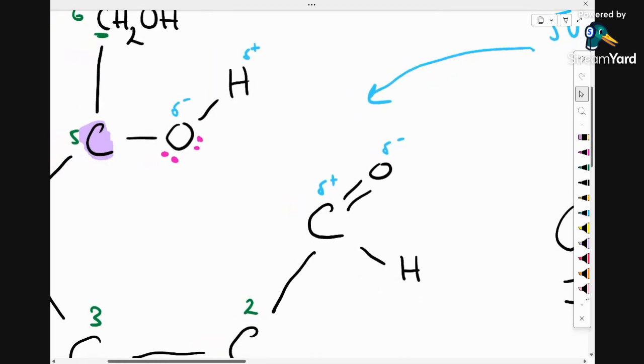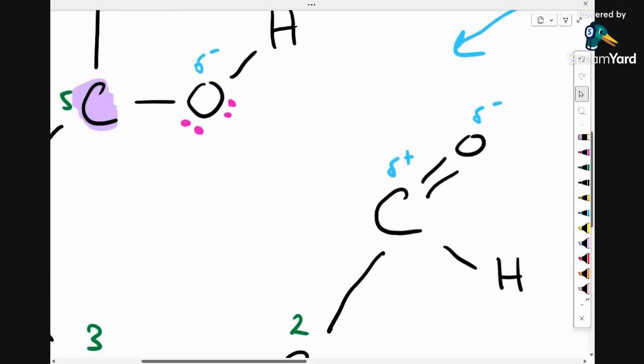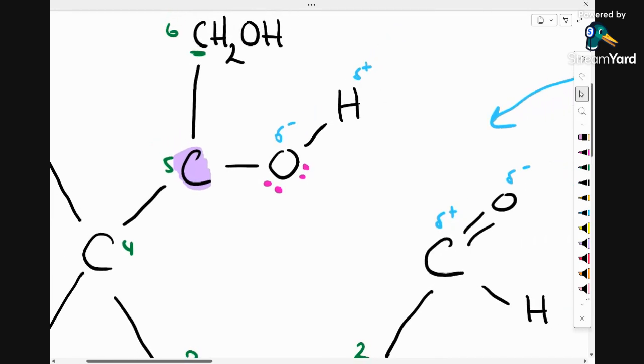And hopefully remember from water, do go and look back, that these delta charges mean that the electron density is skewed towards the oxygen. And that creates on carbon 1 a delta positive carbon, and on carbon 5 over here, a delta negative oxygen, where we have 2 lone pairs.